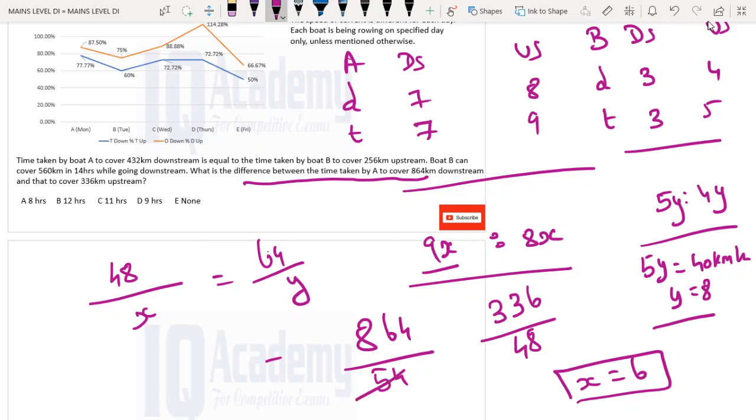If you cancel this, you will get 16, and this one you will get 7. So the difference between 16 and 7 is 9 hours. So the answer is 9 hours for this.